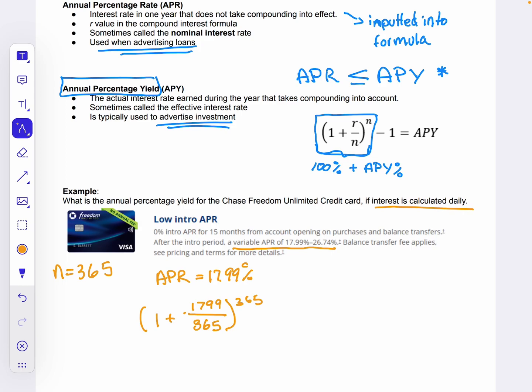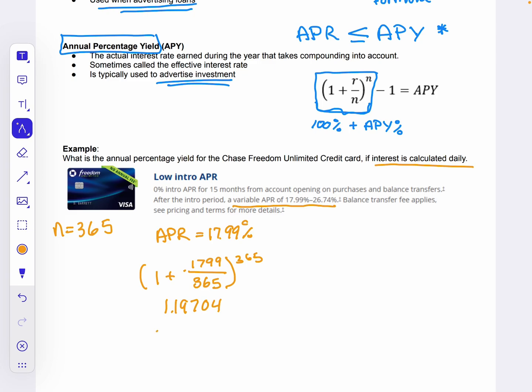And that's going to get you 1.197. So as I mentioned earlier, that's really 100% plus an extra 19.7%. And it's that 19.7% we care about. That's going to be our low end APY. So if you had that low APR value, you're actually accruing 19.7% interest on that loan every year.